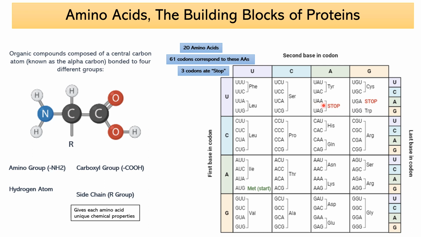We have UAA, UAG, and UGA. These are called stop codons, and we will understand in translation why they are called that. There is also one codon called the start codon, and we will also understand in translation why it is called that name. In total, the human body has 64 codons.